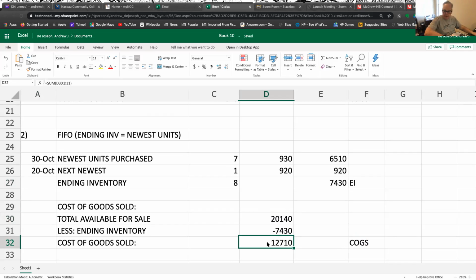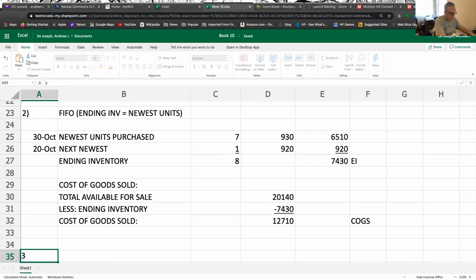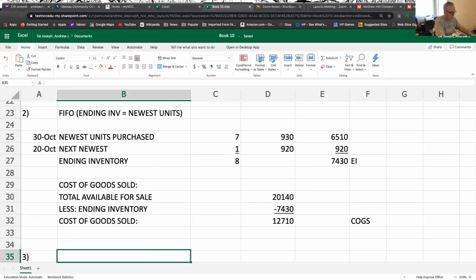All right, the next one, let's say, is last in, first out. Number 3, LIFO, last in, first out. Now remember, under first in, first out, ending inventory was the newest.